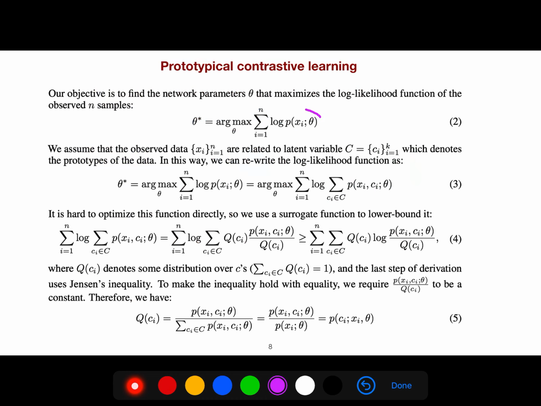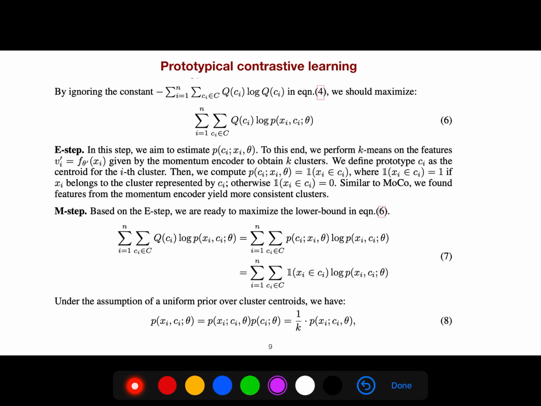So we want to maximize this probability, but because we can marginalize this probability over many clusters, we can write this as this one, but we can use it as a surrogate function to lower bound it. So we lower bound it, and then we use the trick of Jensen's inequality. So the only thing that we should maximize is this one.